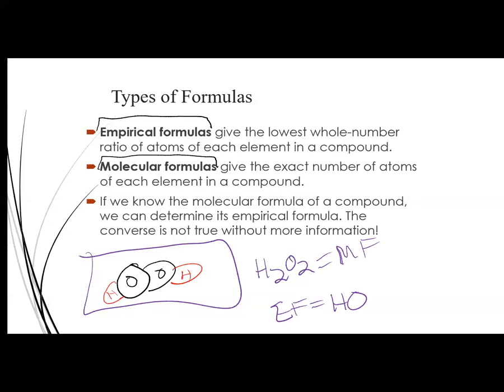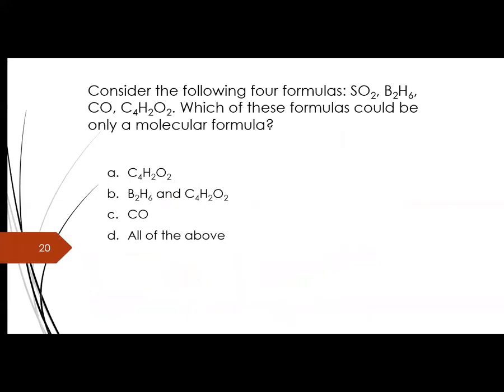If we know the molecular formula of a compound, then we can figure out the empirical formula. But just because you know the empirical formula doesn't mean that you can know the molecular formula, which seems like a lot. So let's do some practice with it.